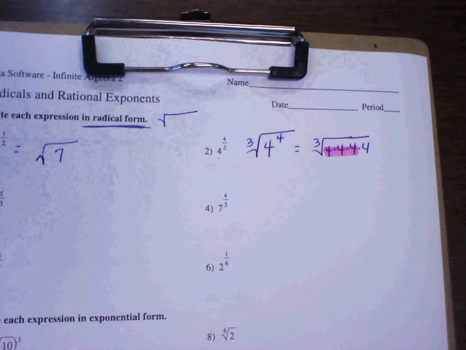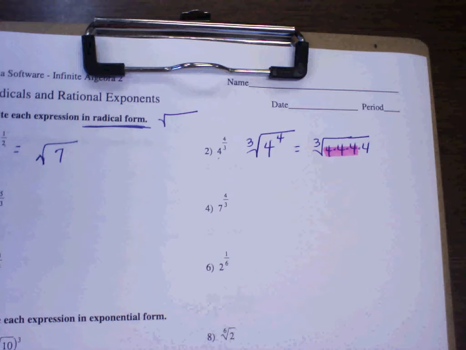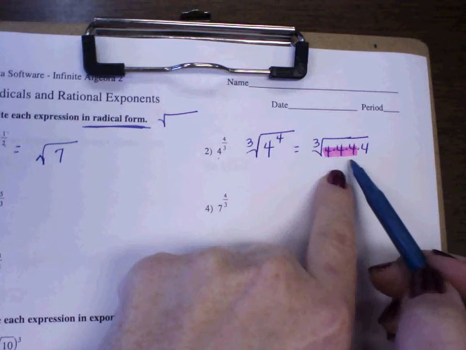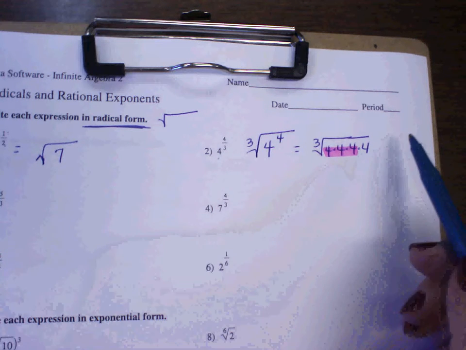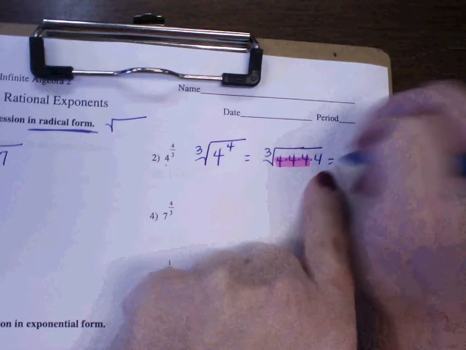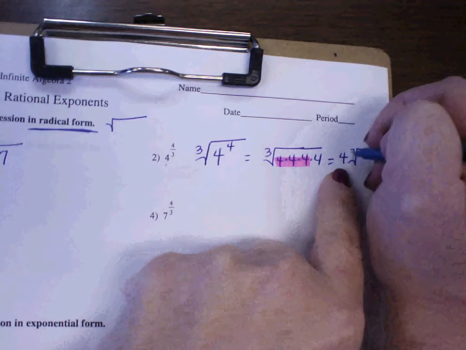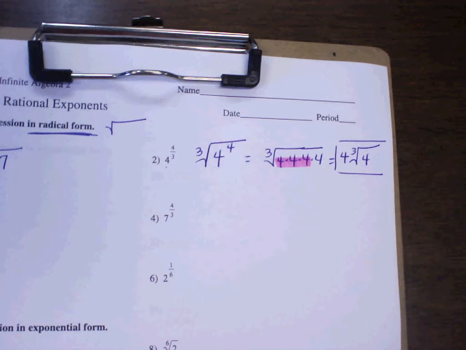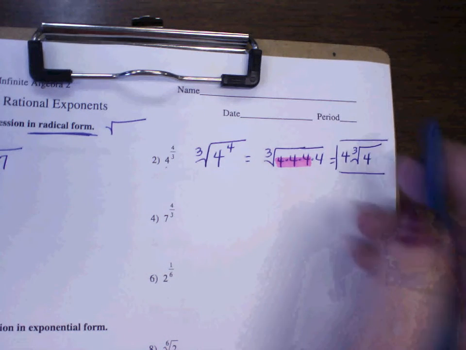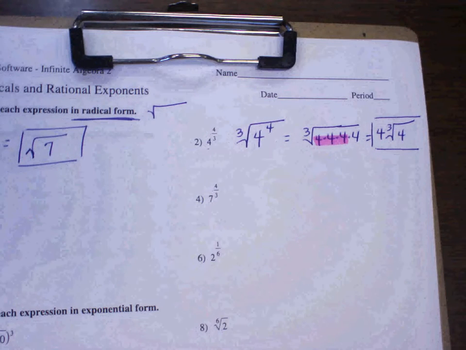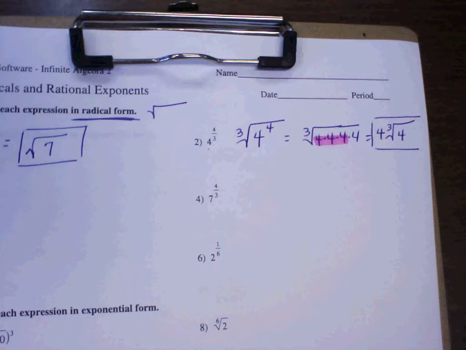On a fourth root is four. On a fifth root is five. On a sixth root is six, and so on, right? So those three make me take one out. And then how many stay in? One. So there's your answer: 4 cubic root of 4. For every 3, 1 comes out.